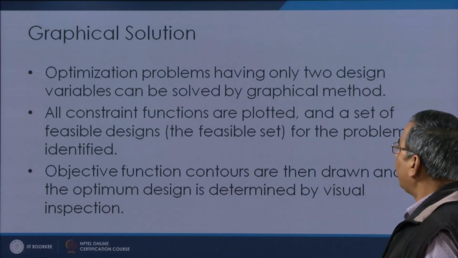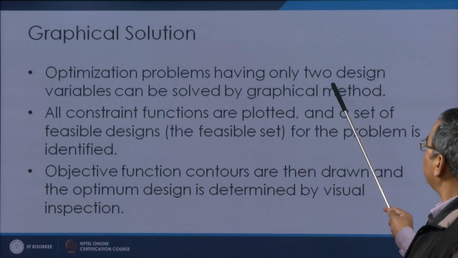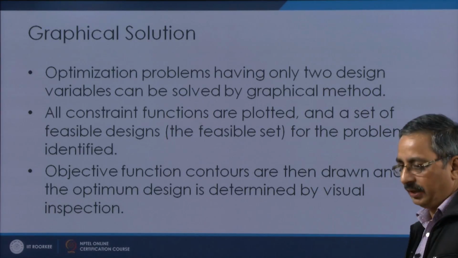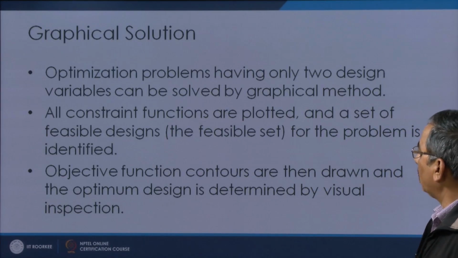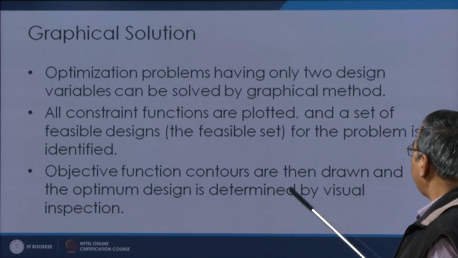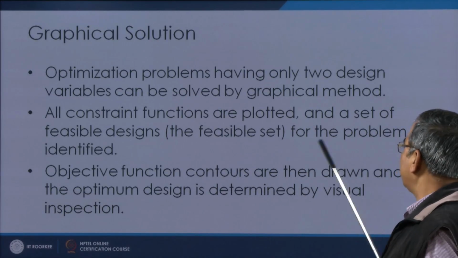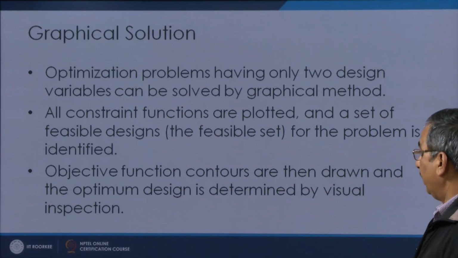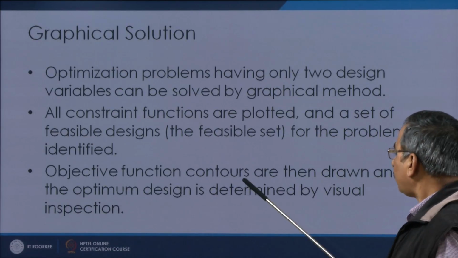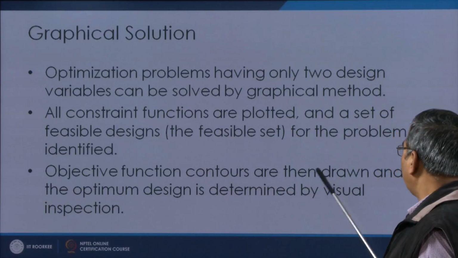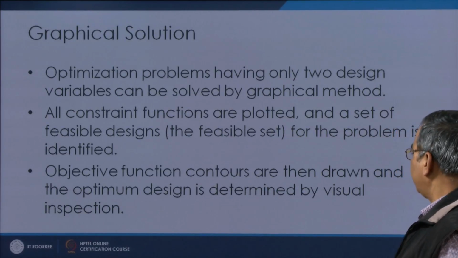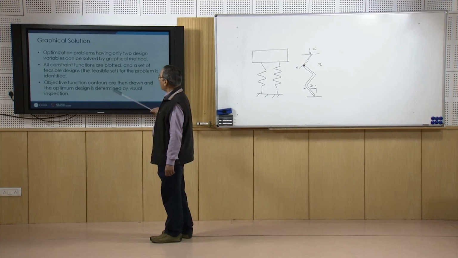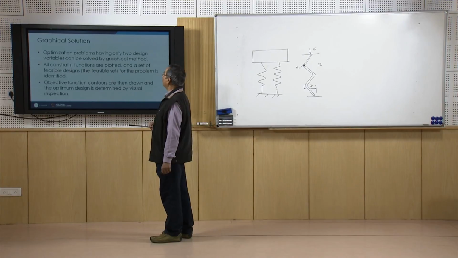In the graphical solution, an optimization problem having two design variables can be solved using graphical methods. All constraint functions are plotted and a set of feasible designs for the problem is identified, and then the objective function contours are drawn and the optimal design is determined by visual inspection. So, this is how the graphical method works.